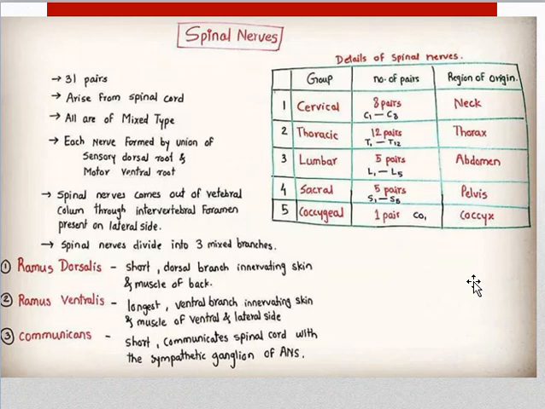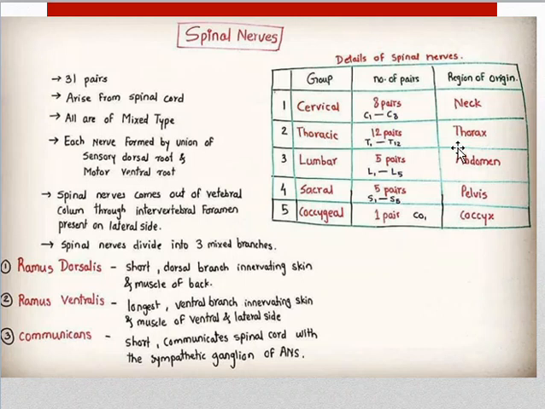Spinal nerves divide into three mixed branches, that is ramus dorsalis, ramus ventralis, and rami communicantes. Ramus dorsalis is a short dorsal branch innervating skin and muscle of the back, while ramus ventralis is the longest ventral branch innervating skin and muscle of the ventral and lateral side, while rami communicantes are short, and communicate the spinal cord with the sympathetic ganglion of the ANS.